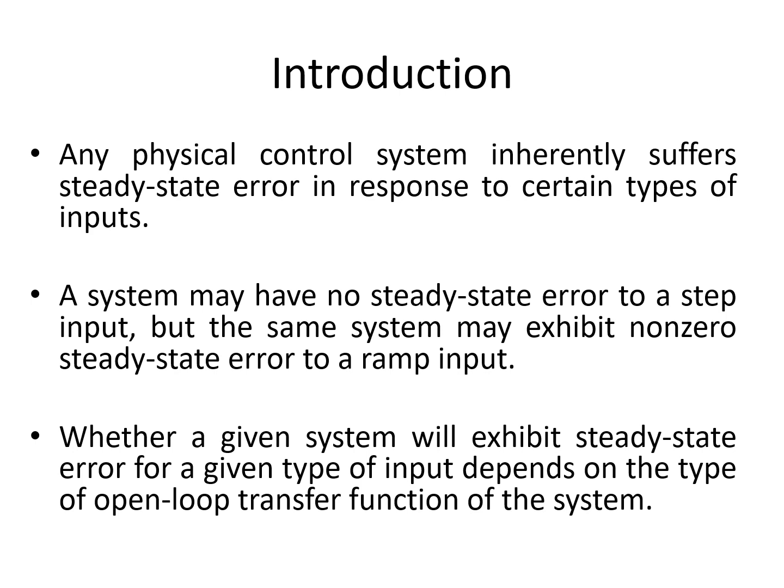So the occurrence of a steady state error for any system is basically determined by the transfer function of that particular system. So we'll analyze how these steady state errors can be evaluated from the open loop transfer function in the upcoming slides.